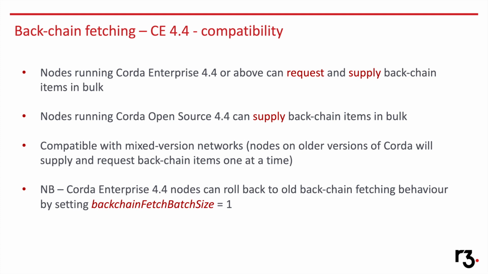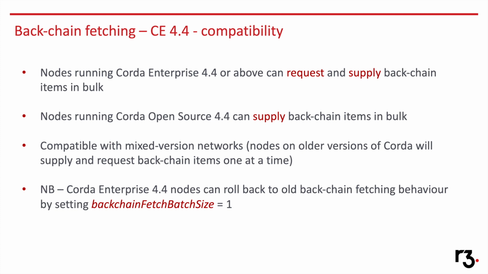An open source node can supply multiple items back to Enterprise, but an open source node will only be able to request one item. So if you're running open source 4.4, both sides, you won't have a benefit, but if you're running Enterprise on the client side, as in the requesting node side, then you will get this benefit whether you're talking to open source or another Enterprise node. If you're talking to anything 4.3 or below, then you will get existing behavior and it will request one item at a time. So it's fully backwardly compatible based on platform version.